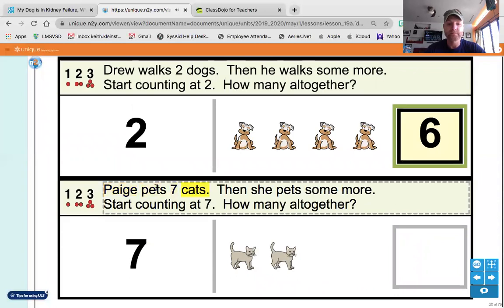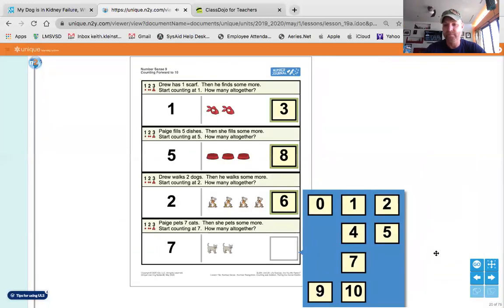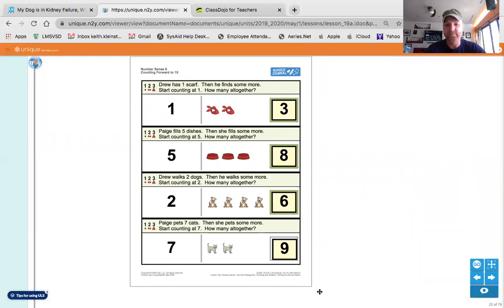Peach pets 7 cats. Then she pets some more. Start counting at 7. How many altogether? Okay, let's start at 7, 8, 9. 9. There we go.